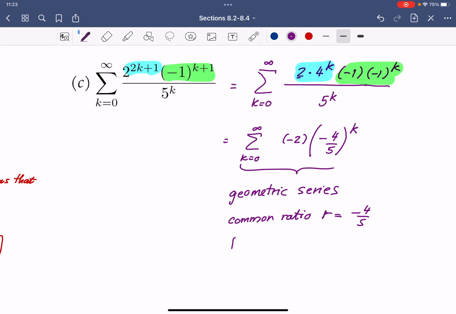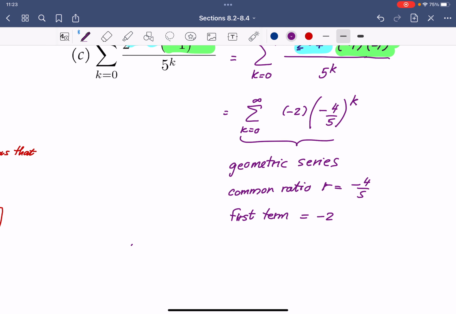And then the first term, well, we need the first term. The first term is, you plug in k equal to 0, it means negative 4 over 5 to the 0, that is actually 1. So it's actually negative 2. Okay, next.